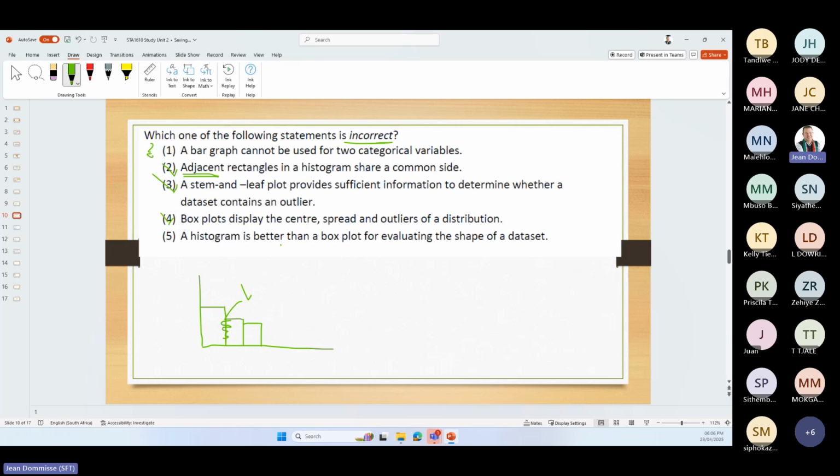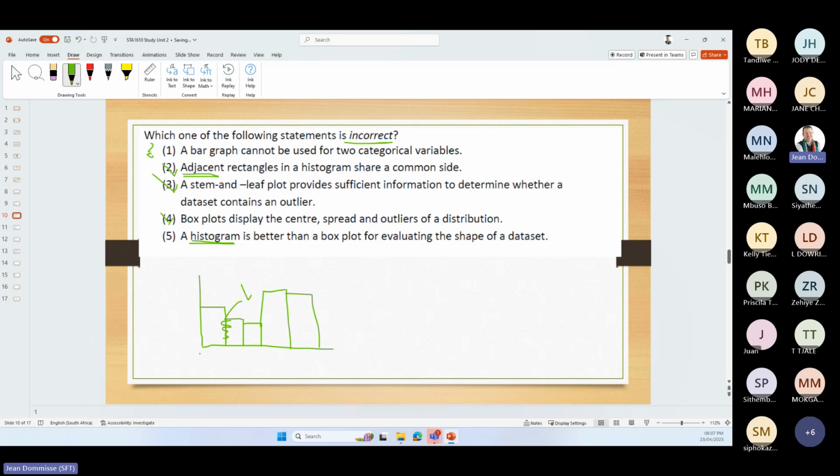A histogram is better than a box plot for evaluating the shape of a data set. Debatable, but you have more. Okay, so yes, you have more information in a histogram, because let's say that is the histogram, you'd know exactly how many are in each one of those buckets.